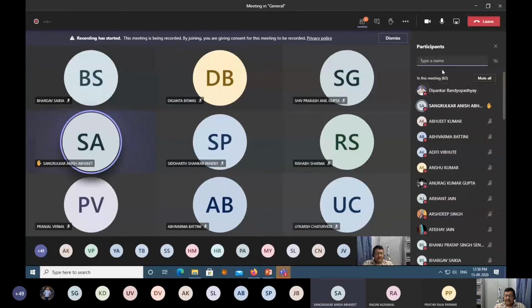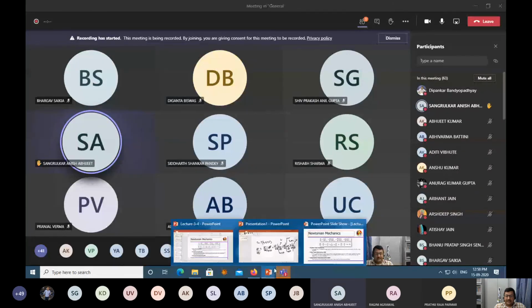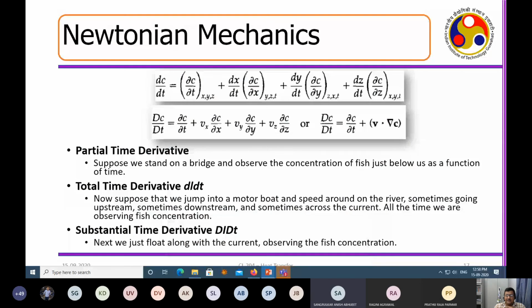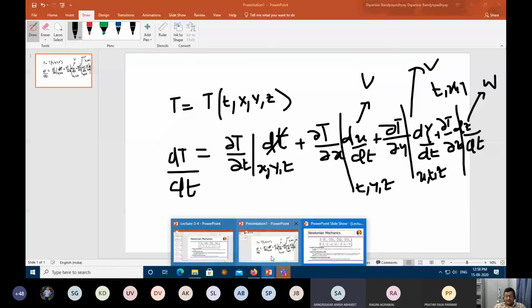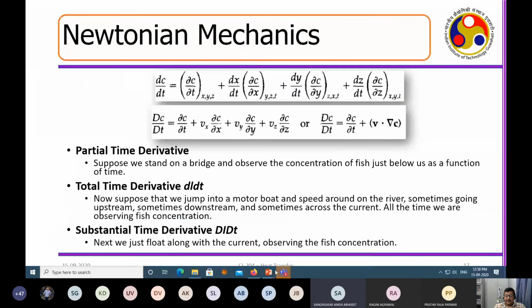Am I audible? Yeah, you are audible now. In this slide, the velocities that we were mentioning, were those velocities of the particles that actually have the temperature? Yes. So suppose you have a room filled with air, correct?